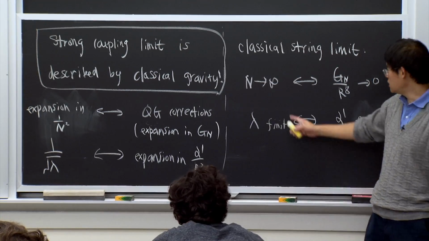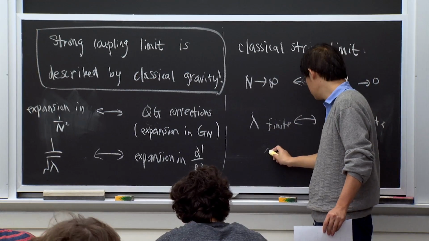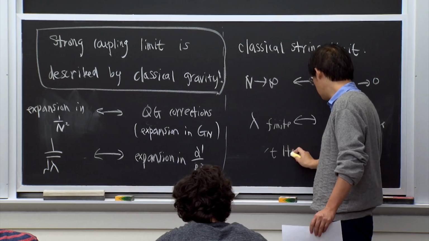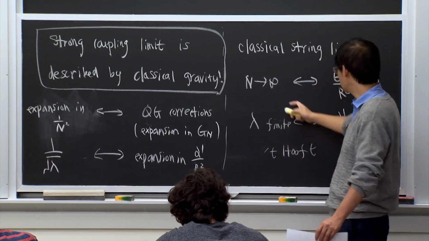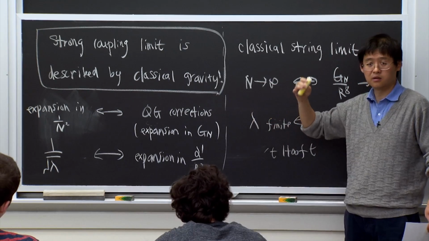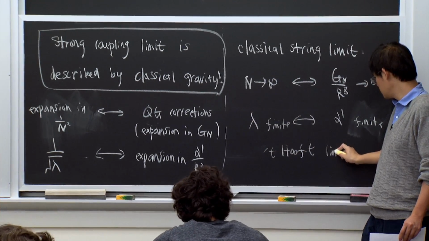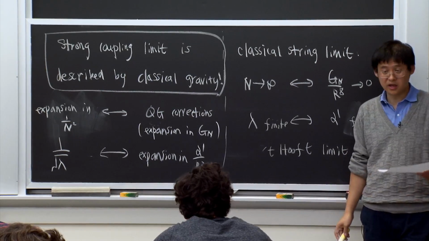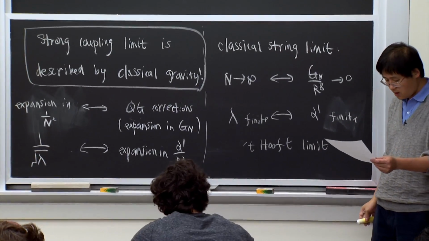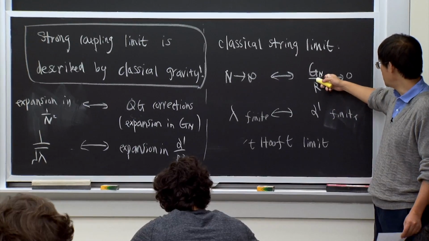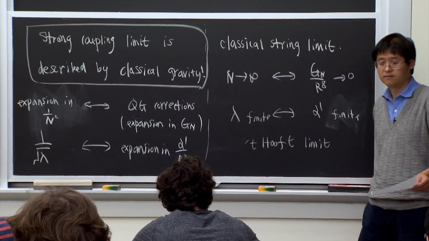So this is just the standard 't Hooft limit, where you take n to infinity but keep lambda finite, which we talked about before in large N gauge theory. And then again, the corrections in Gn will be corrections in 1 over n squared.